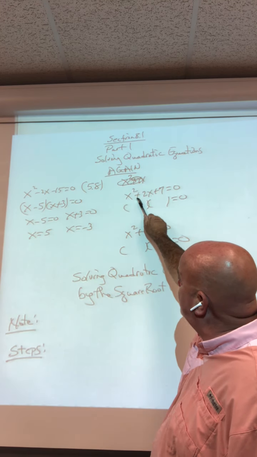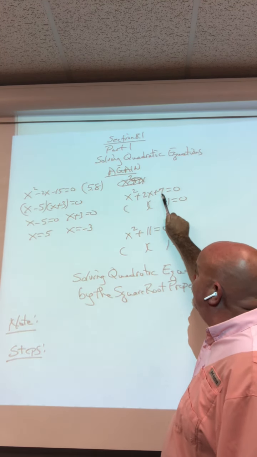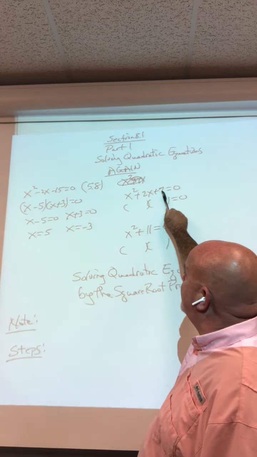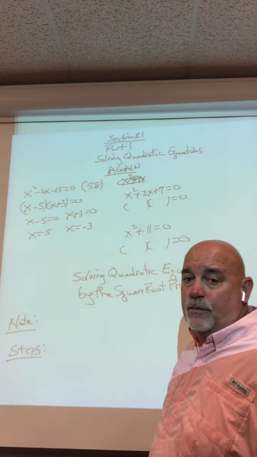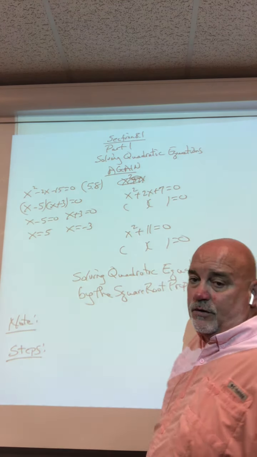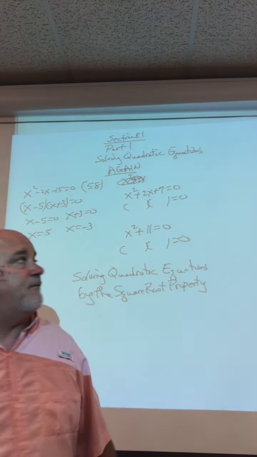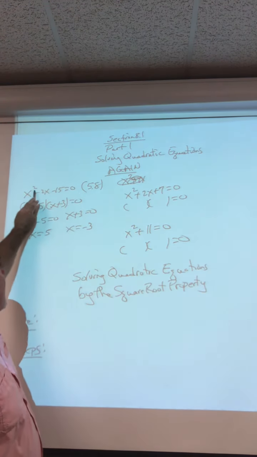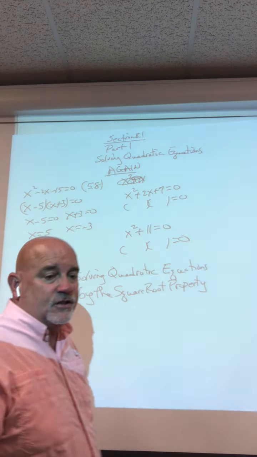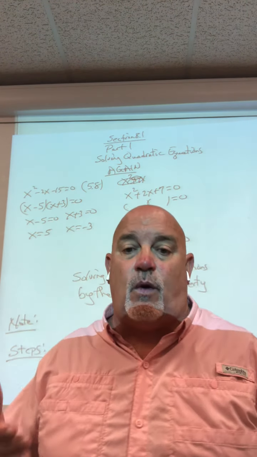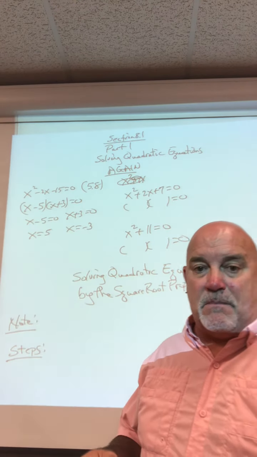Signs are the same, both plus. There's no two factors of 7 that adds to give you 2. So that won't factor. And so I told you, section 5.8, solving quadratic equations, is called solving quadratic equations by the factoring method.